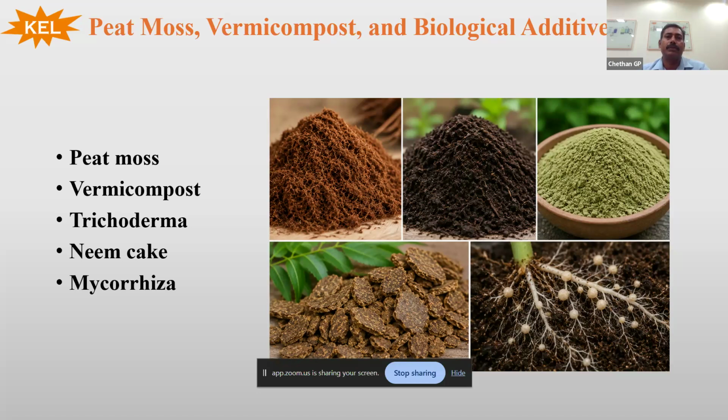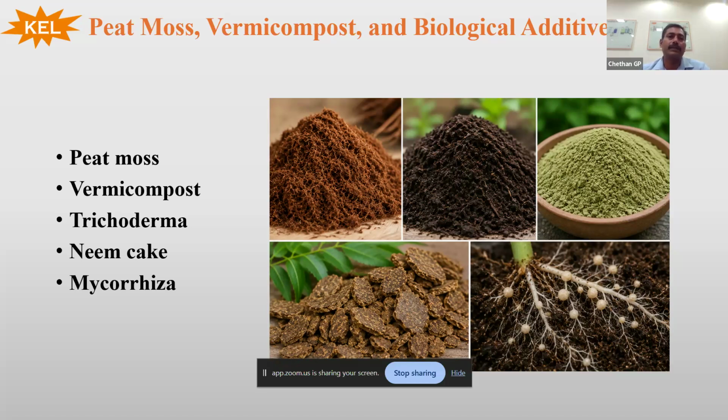Vermicompost supplies organic nutrients, humic substances, enzymes, and beneficial microorganisms that stimulate root growth and improve the soil biology. And some biological additives are becoming increasingly important for sustainable horticulture.